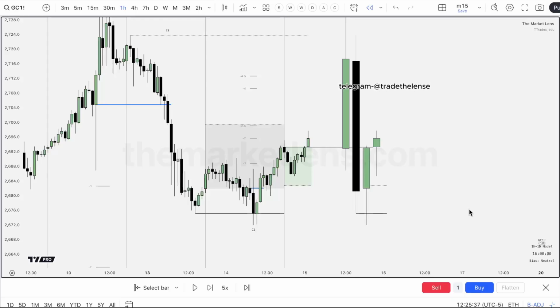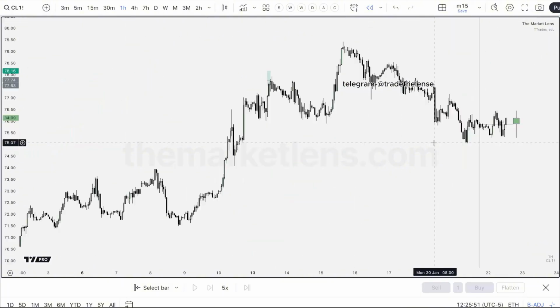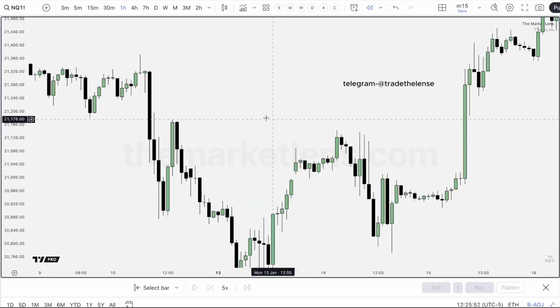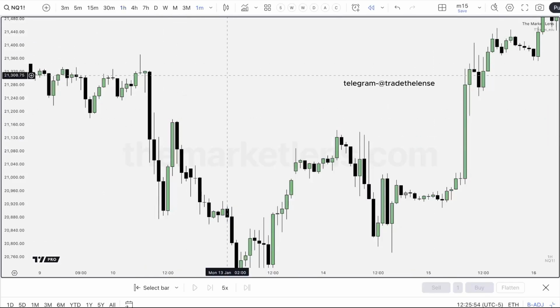On NQ, if you're doing fractal model on the 15-1, would you have to wait for the 15 to come back to the OB at 10:45 for entry? What asset are you talking about? Oh, NQ. All right, so that. Okay, cool. So NQ. 1 minute.